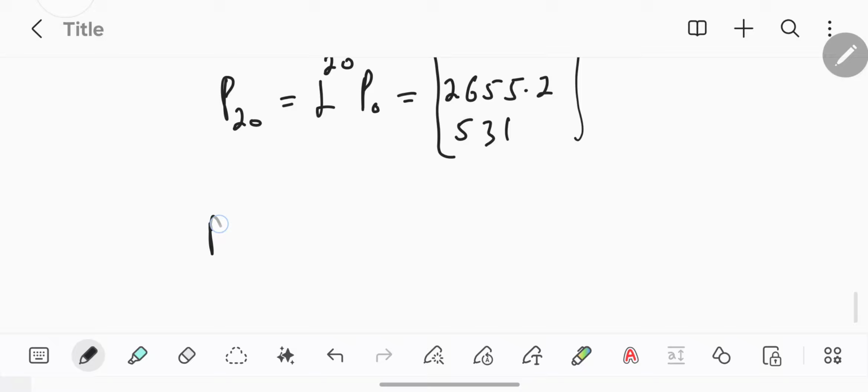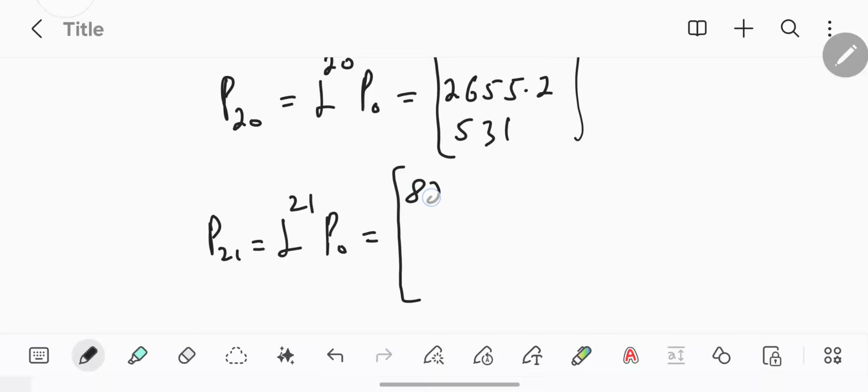And similarly, if I write P21, which is L to the power 21 times P0, and do these calculations using any kind of software, it will be 8297.5, 3319, and 663 times 8.